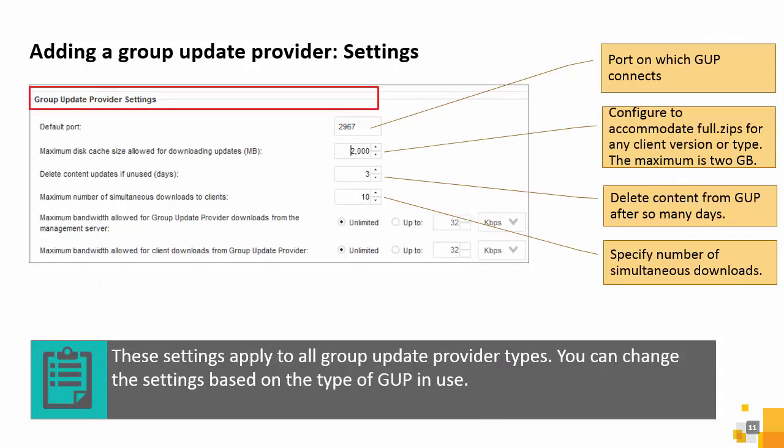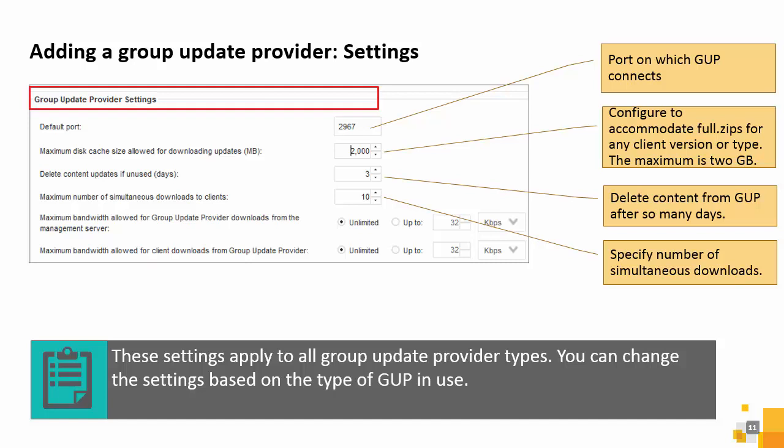For group update provider settings, specify the port on which the GUP connects. The maximum disk cache size allowed for downloading updates is specified in megabytes. The maximum is 2 gigabytes, so that multiple full.zips can be downloaded to a GUP. The GUP automatically deletes content when it is not downloaded by clients in a specified number of days.